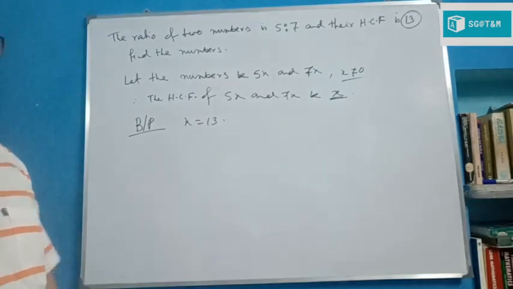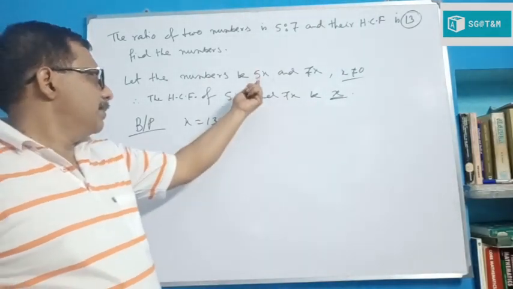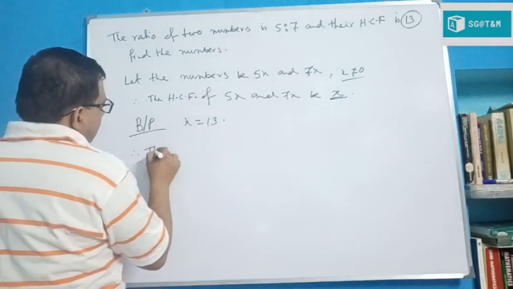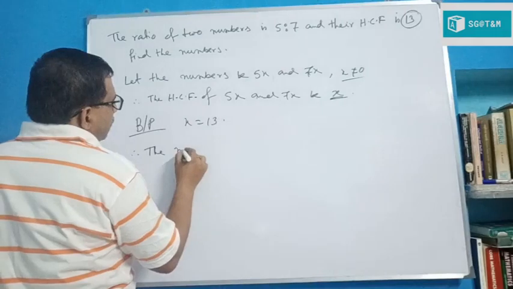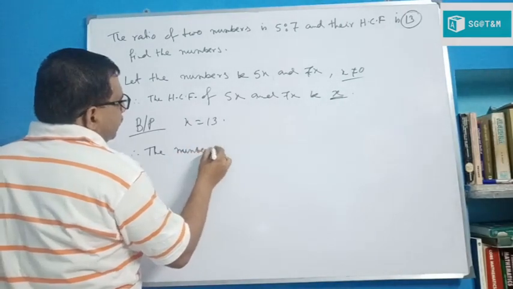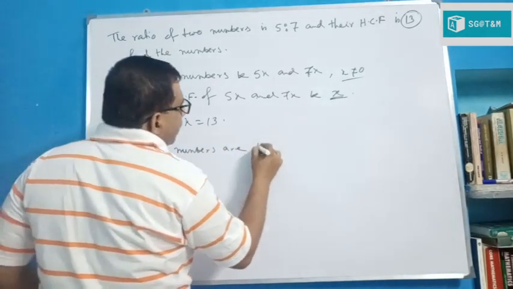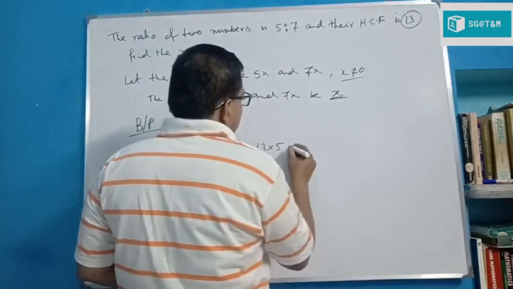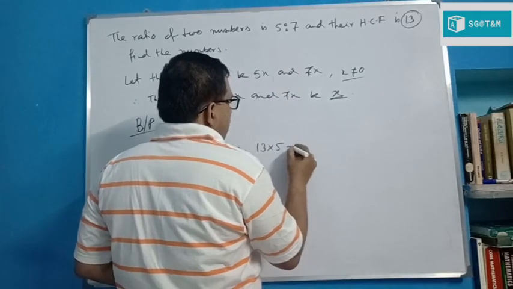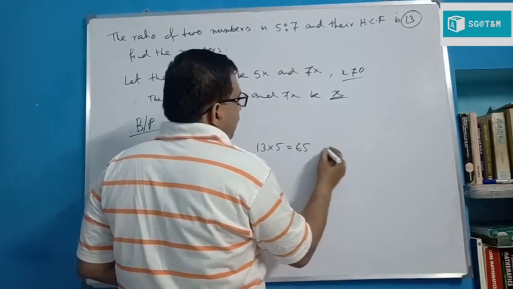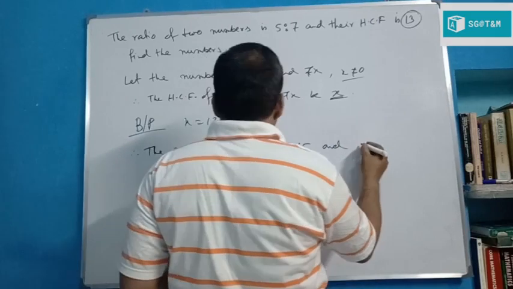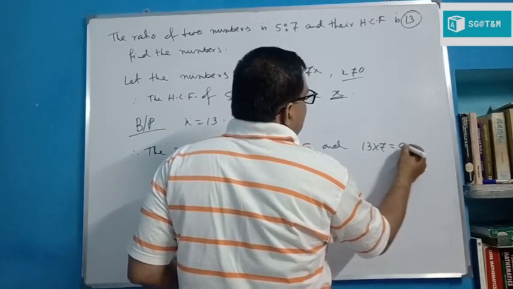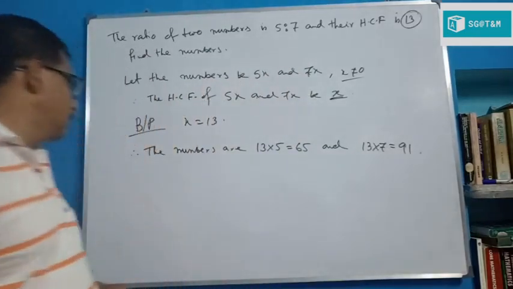Now if x is equal to 13, then the numbers will be 5 into 13 and 7 into 13. Very easy. Therefore the numbers are 13 into 5, that is 65, and 13 into 7, that is 91.